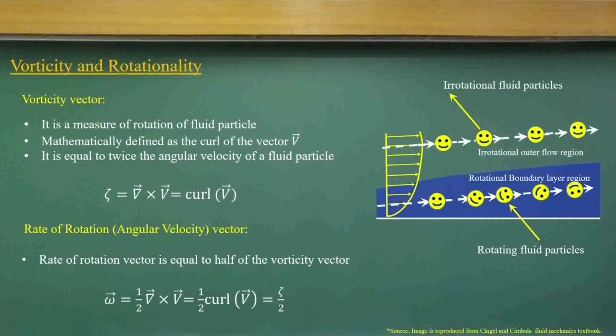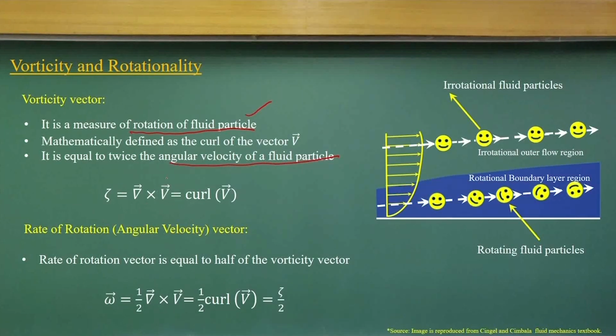So, let us look at another component called the vorticity or the rotationality. When you talk about vorticity vectors, we are representing a measure of the rotation of a fluid particle, which can be twice the angular velocity.